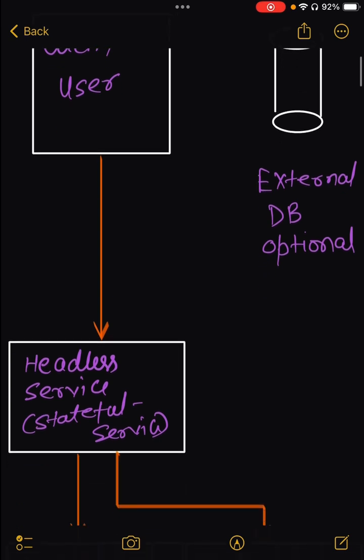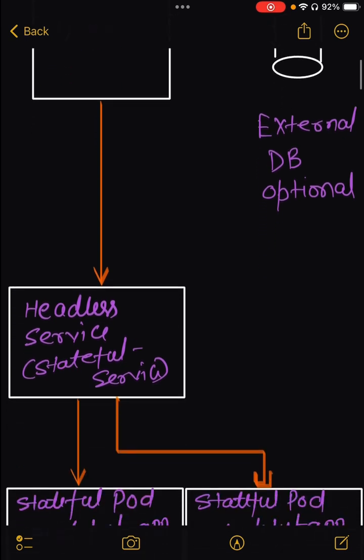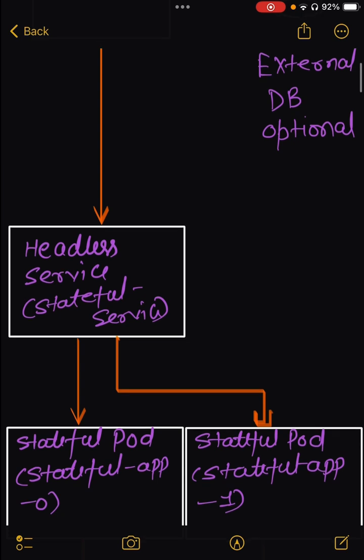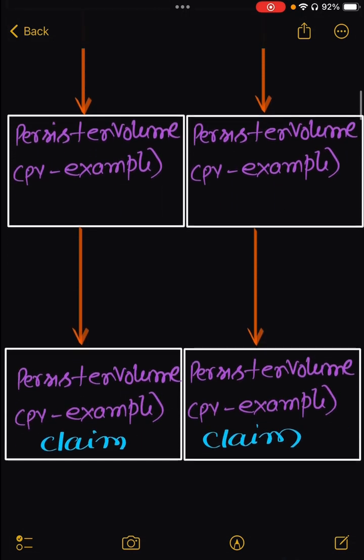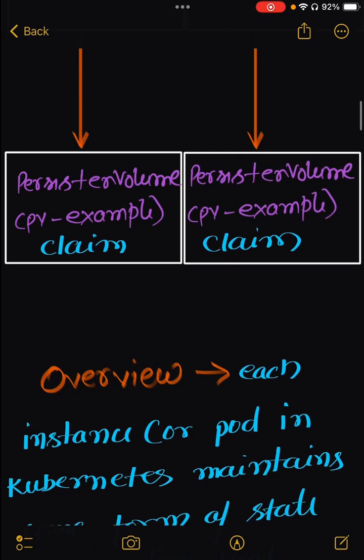This pattern is often necessary for databases, distributed systems, and applications that require data persistence, session management, or transactional consistency. Let's explore the stateful design pattern in Kubernetes in detail, focusing on its components, configurations, and best practices.